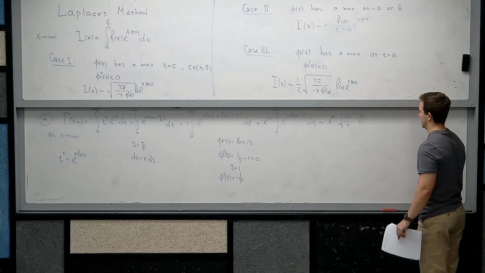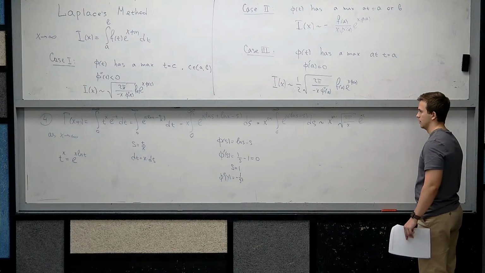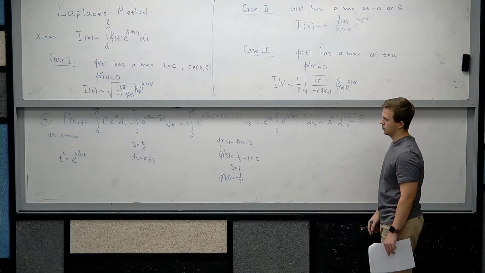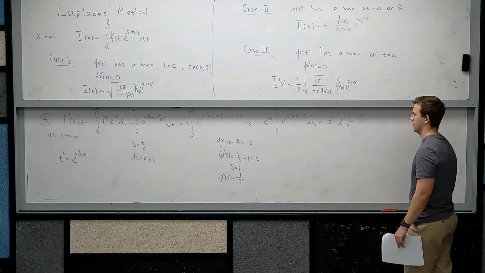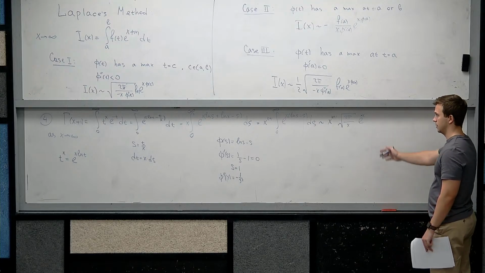And this is exactly the formula for the asymptotics of the gamma function, or asymptotics of the factorial for big n. It's Stirling's formula.